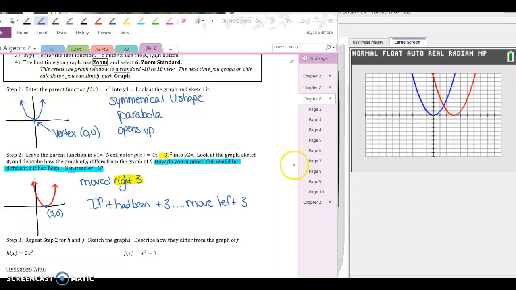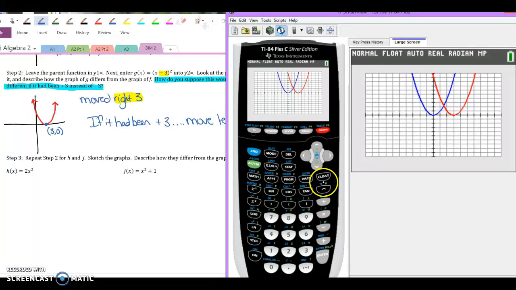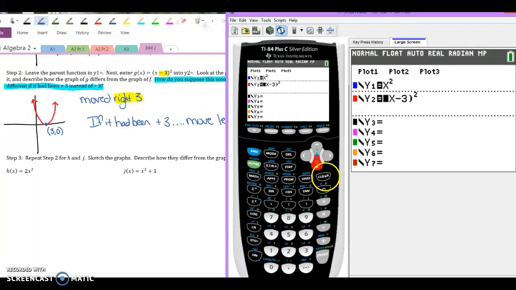All right, in your y2, so go back into your y equals button, and this time delete out y2 and enter 2x squared. So for step 3, enter h of x in there, sketch that graph, describe how it's different, and then clear out y2 and enter x squared plus 1, sketch that graph, see how it's different. So explore those graphs for a minute.